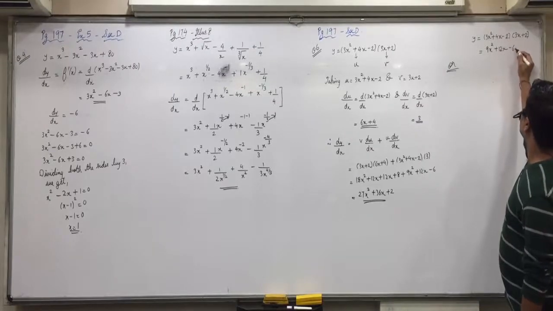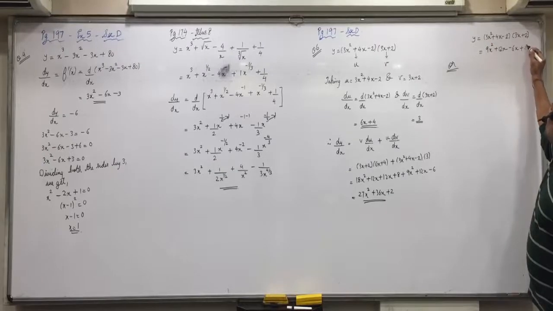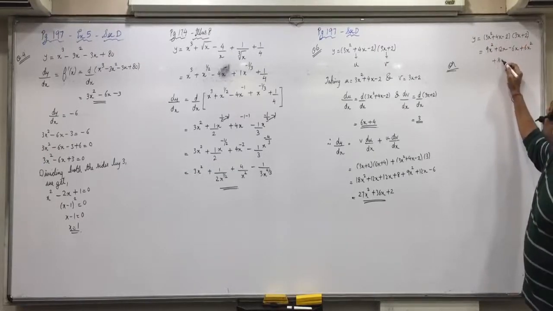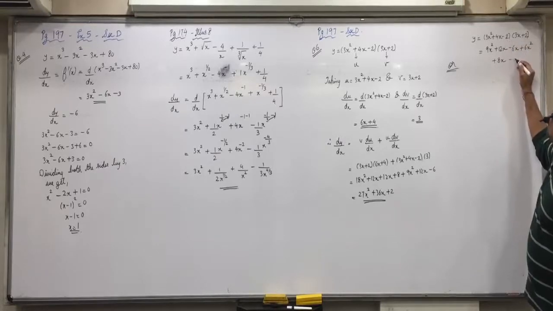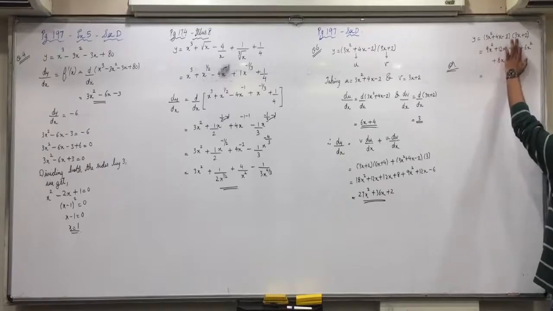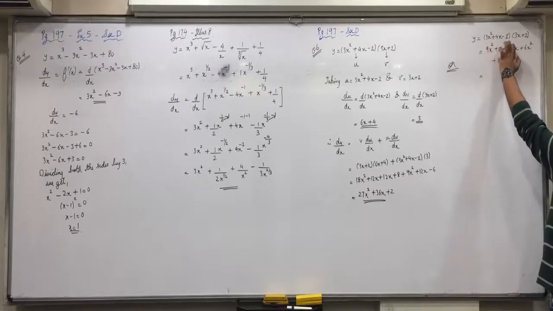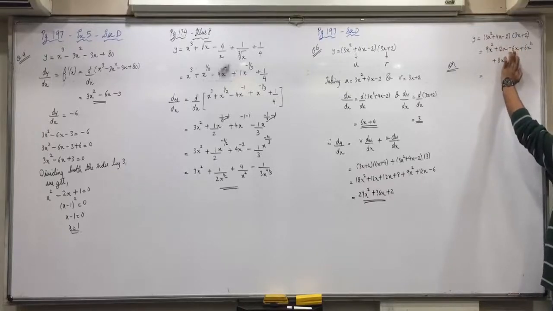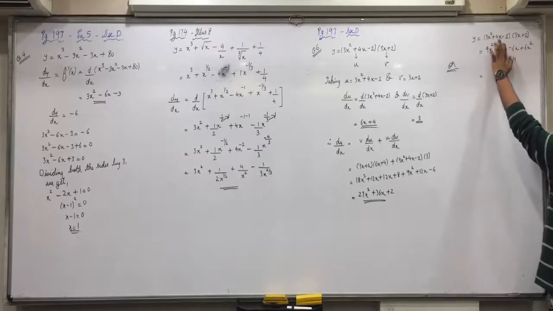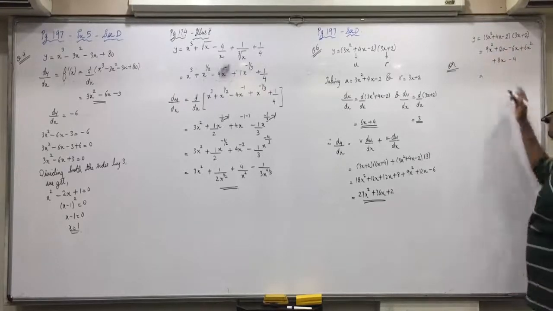Minus 2 into 3x, minus 6x. 3x² into 2, 6x². 4x into 2, 8x. Minus 2 into plus 2, minus 4. I repeat it.